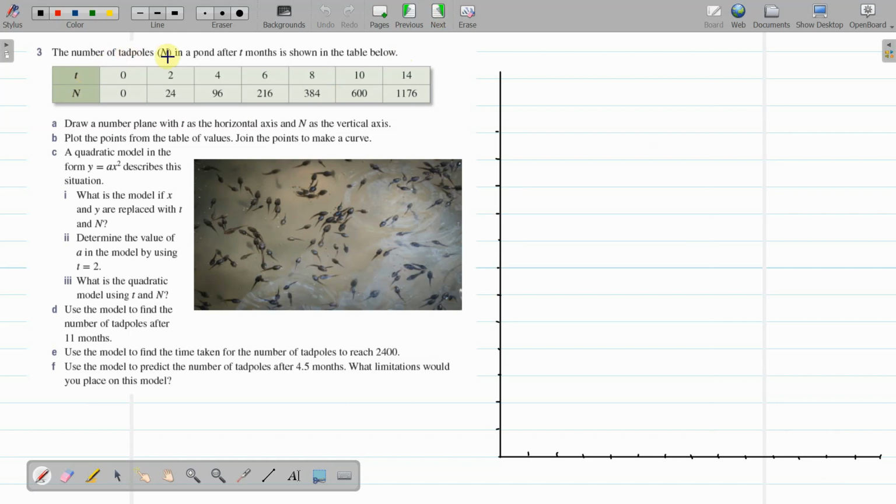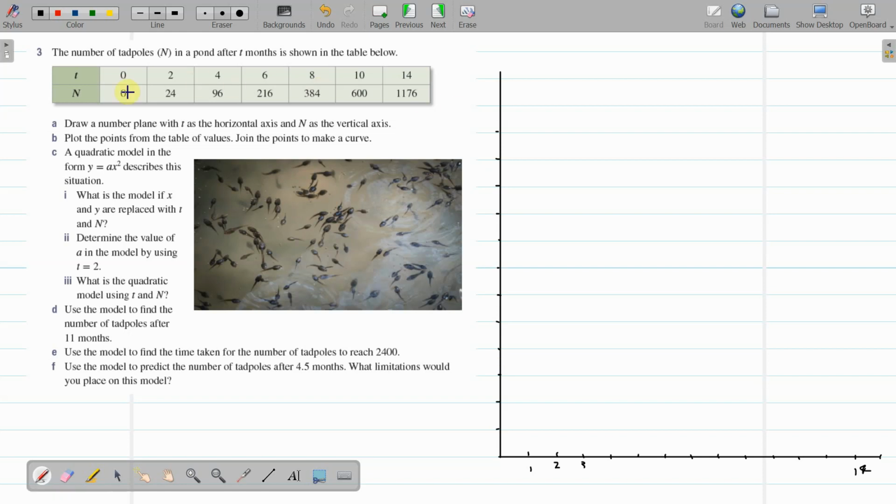Next. Tadpoles in a pond. Number plane. Oh, they didn't draw it this time. We do have the table of values. So in your book, I started the table of values here for you. Just remember, across the top here, we're going from 0 to 14. 0, 1, 2, 3, up to 14.